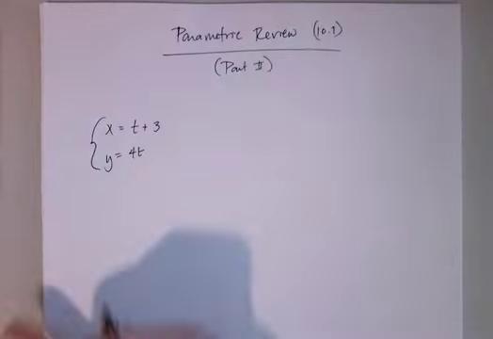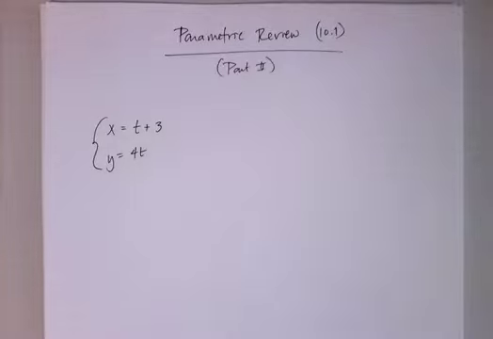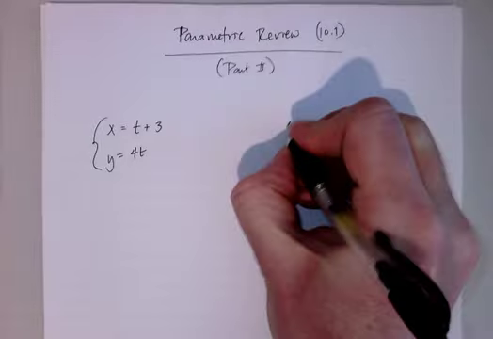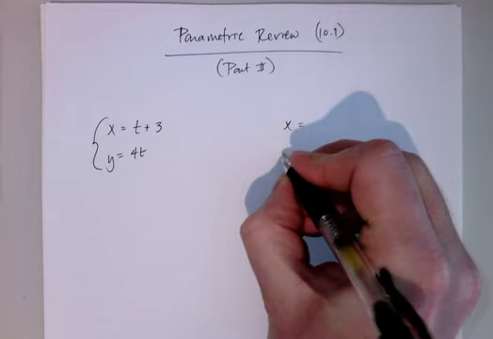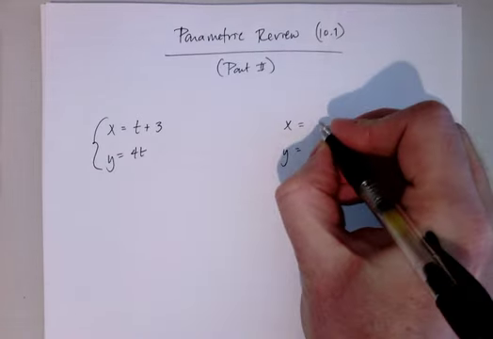Now, this ought to be really easy. You shouldn't even have to deal with eliminating the parameter here. You ought to be able to tell, okay, well, that's (3, 0) as an ordered pair, and the slope is 4, right? Now, if you've forgotten, that's okay, and we'll just deal with it here.